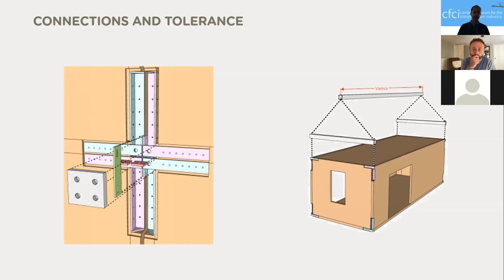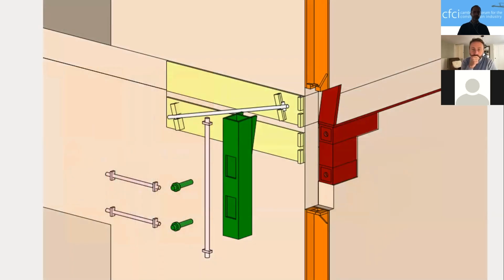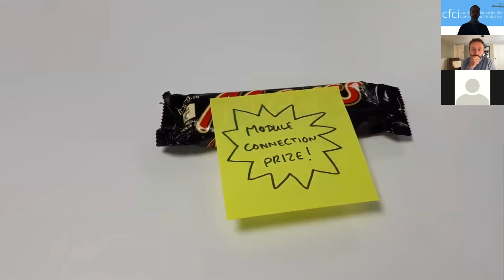The stability of these modules is provided by the CLT walls themselves. They're all almost individually stable as you build them, so there are a lot of walls to think about. That connection detail went through many evolutions before we even got it right. At one point, we started offering prizes to really get to that point.